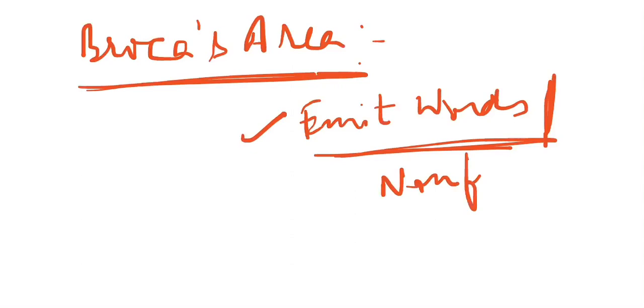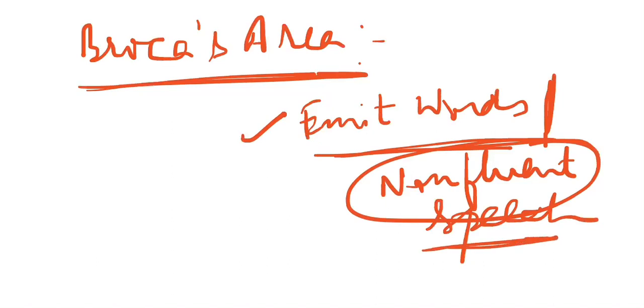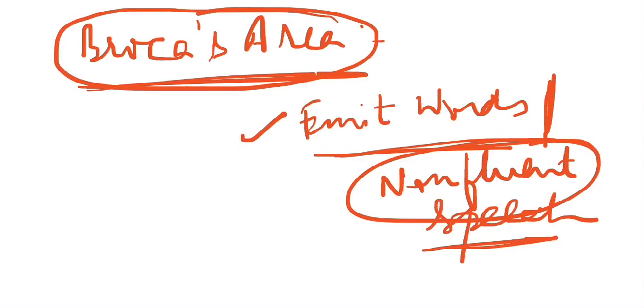There will be non-fluent speech, right? Therefore we can say the Broca's area is important in speaking out the words of the thought formed in the Wernicke's area. You have chosen your words, like what is to be spoken, and that will be conveyed with the help of the Broca's area to the motor and the premotor area.